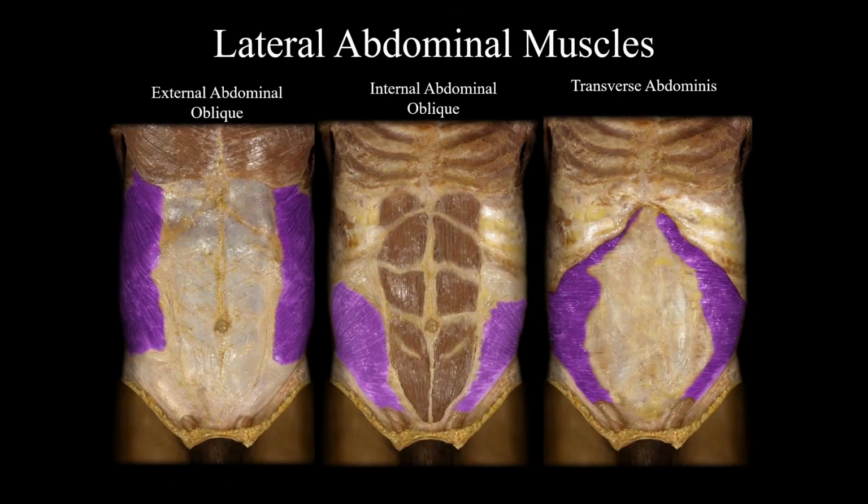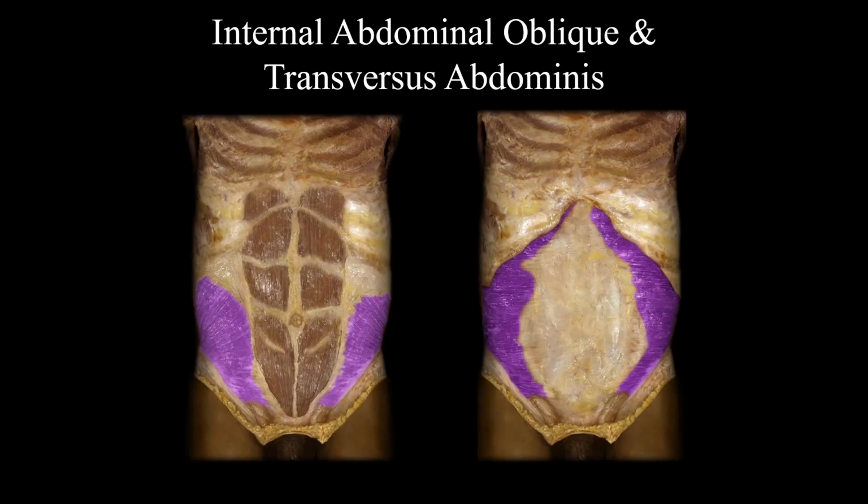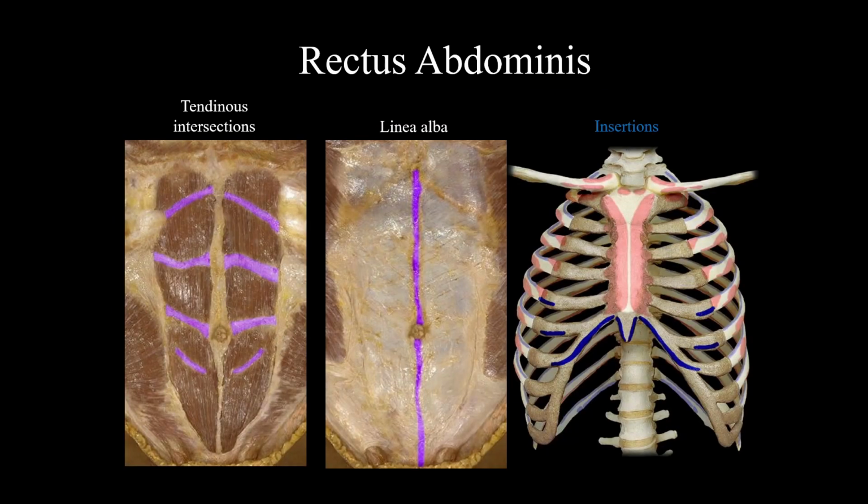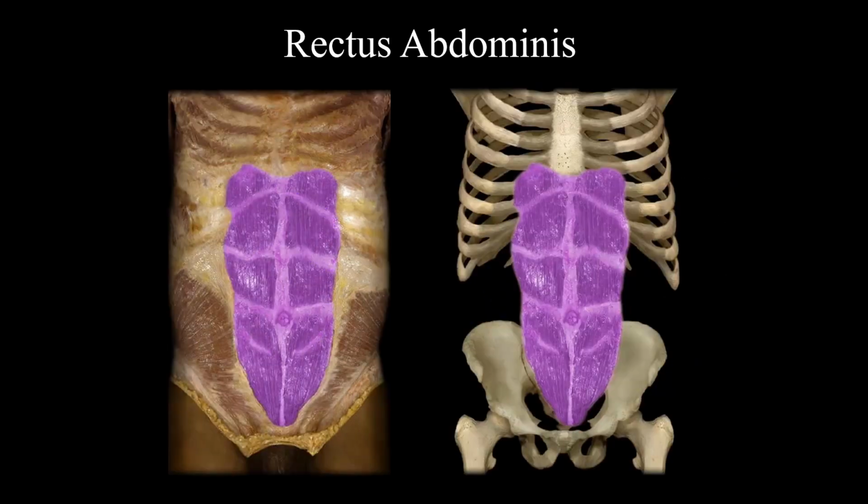Some additional muscles that control your chest and your abdomen are the external abdominal obliques, the internal obliques, and the transverse abdominis. Some more muscles and their highlighted parts. And this is the whole abdominal muscles.